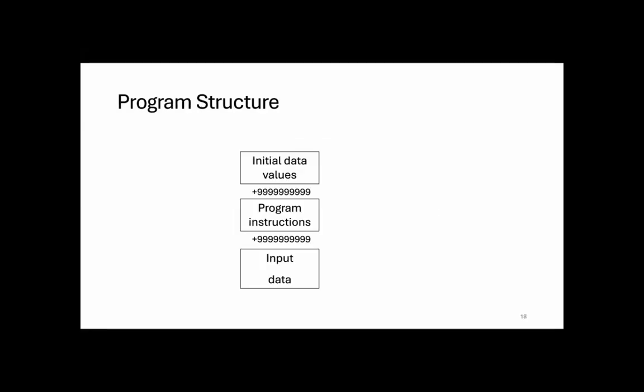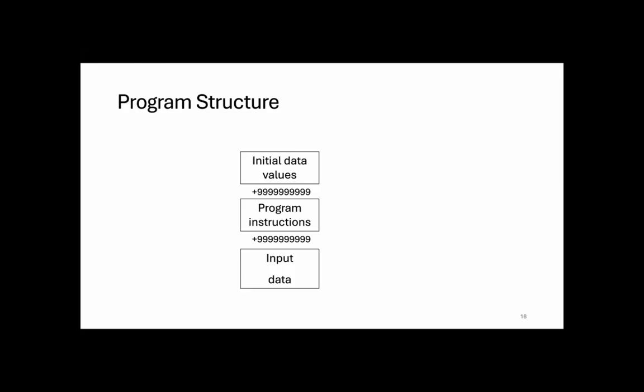And from that, we want to think about our program structure. So we have our initial data values. We're going to have the +9s here. The goal of the +9s is to be a flag to separate the initial values, the program instructions, and the input values. So basically, you are just marking the borders.